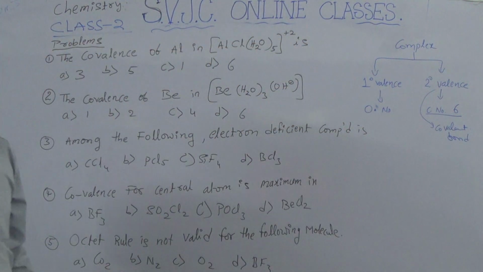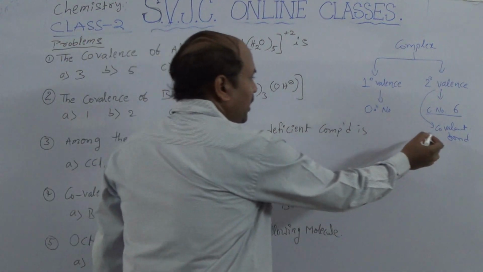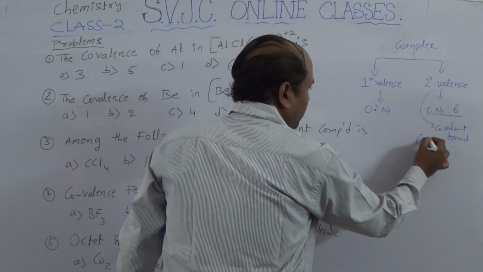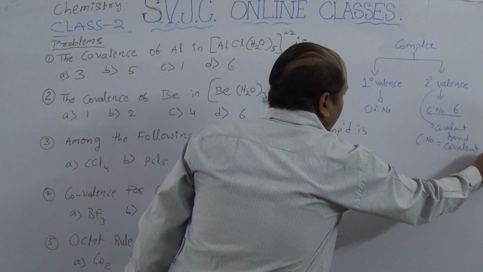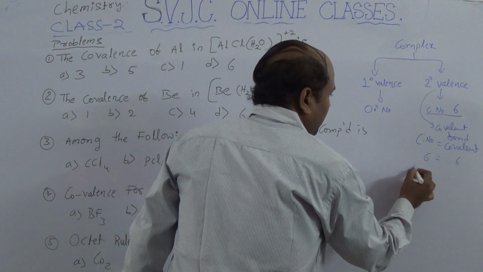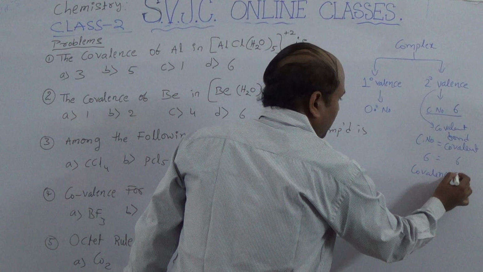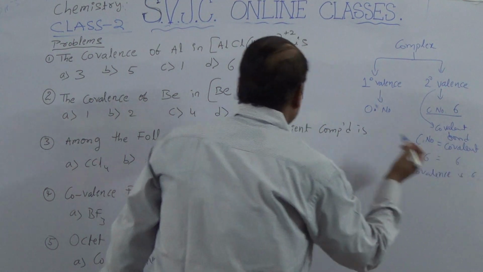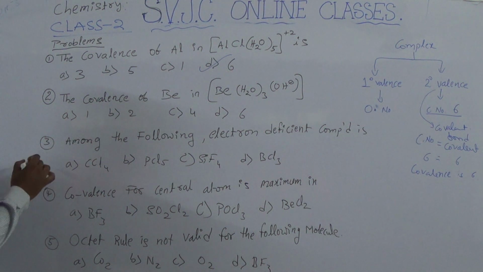In yesterday's class I said covalency is nothing but the covalent bond representation. So coordination number 6 means 6 covalent bonds, then covalency is 6. In this complex, aluminium covalency is 6. Then you can practice the same kind of problem. Then I am discussing the third one.